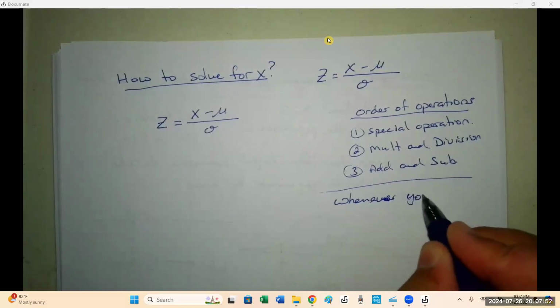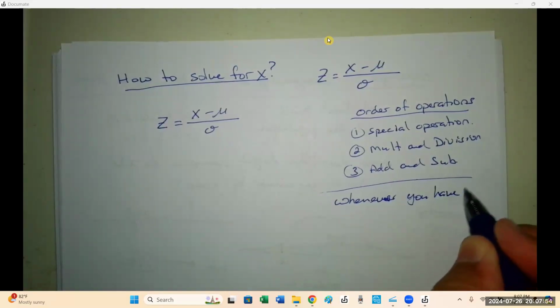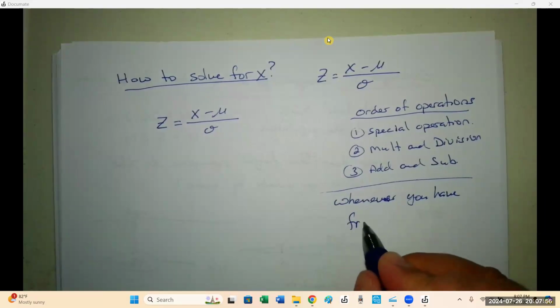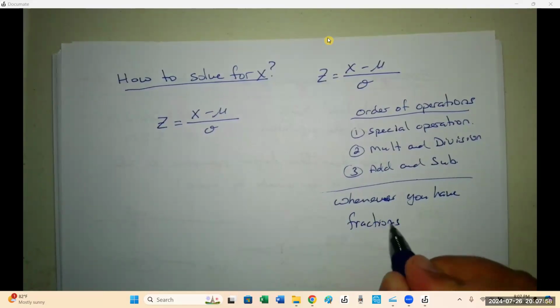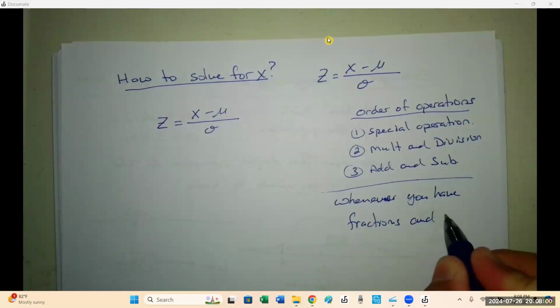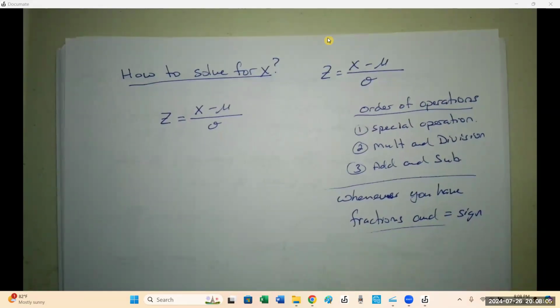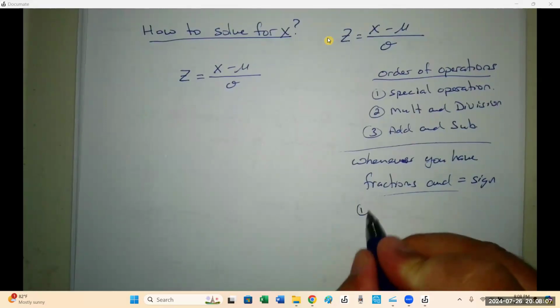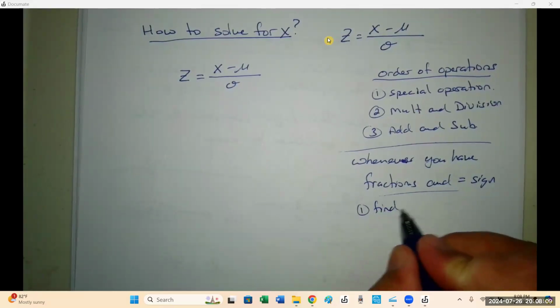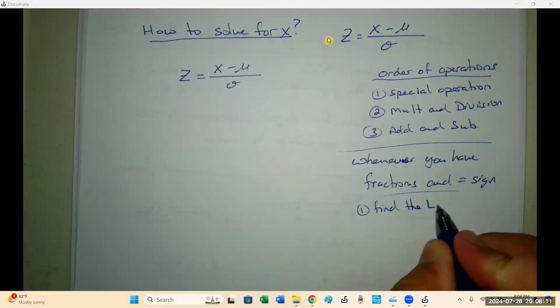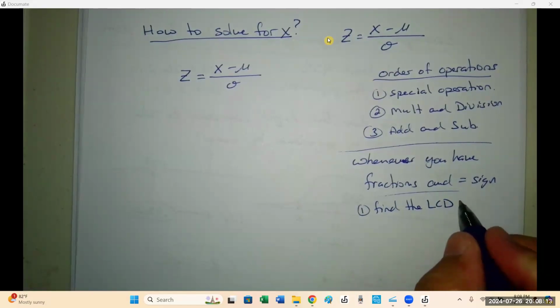whenever you have fractions and an equal sign, get rid of the fraction. Find the least common denominator.